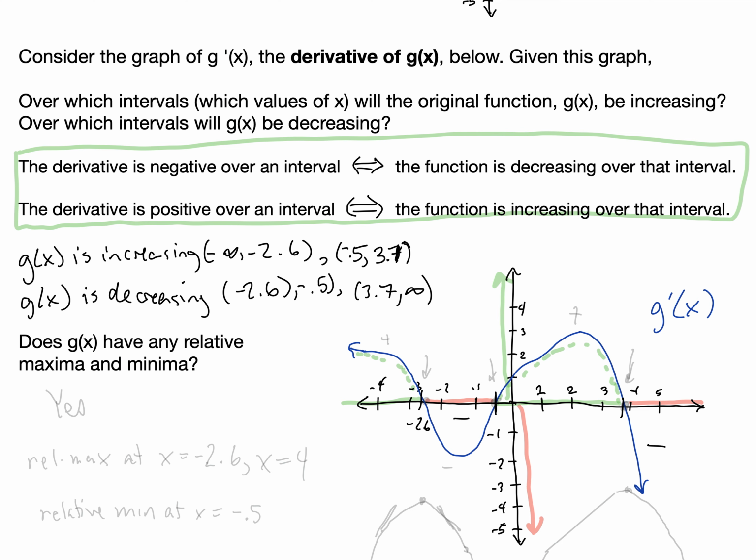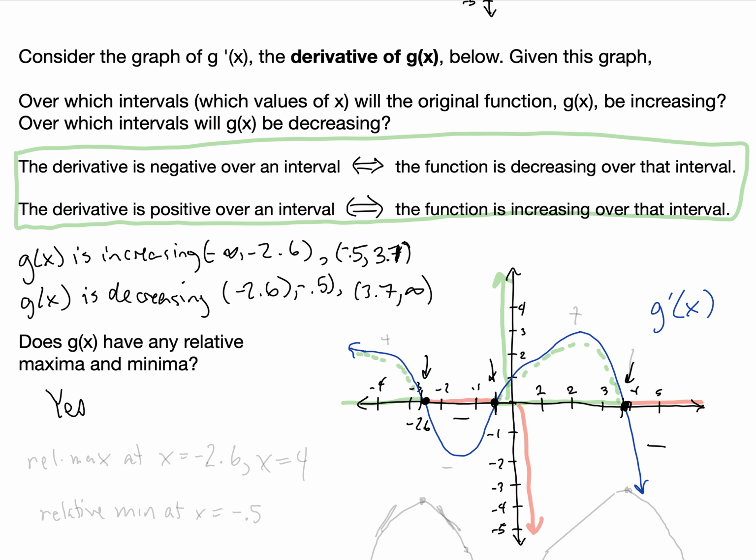Does g of x, the original function, have any relative maxima and minima? So remember that the original function has maxima and minima when the derivative switches from being positive to negative or negative to positive. So these are going to be the points where the derivative switches between positive and negative values, where these relative maxima and minima are going to occur.